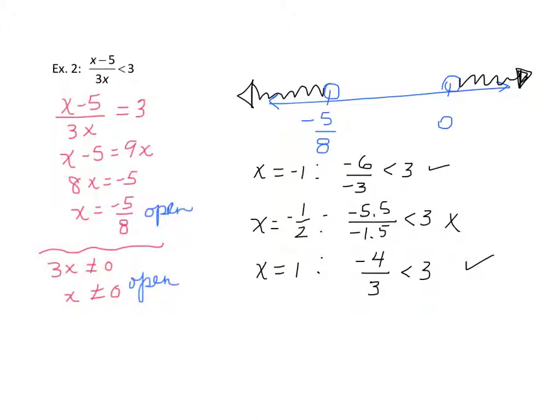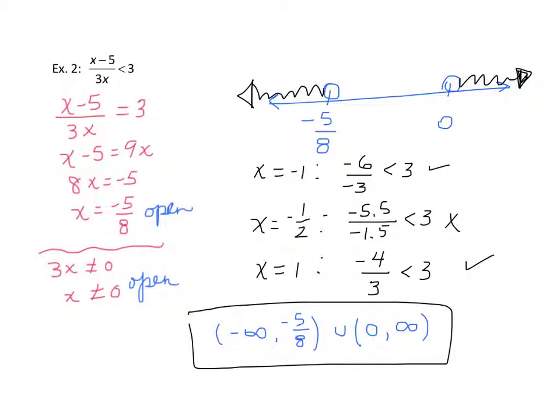And so my solution set will consist of values that come from negative infinity, go up to negative 5/8. I'll combine those with values just on the other side of 0 and continue to infinity. Notice the open parentheses denoting that neither negative 5/8 nor 0 can be solutions to this particular inequality.